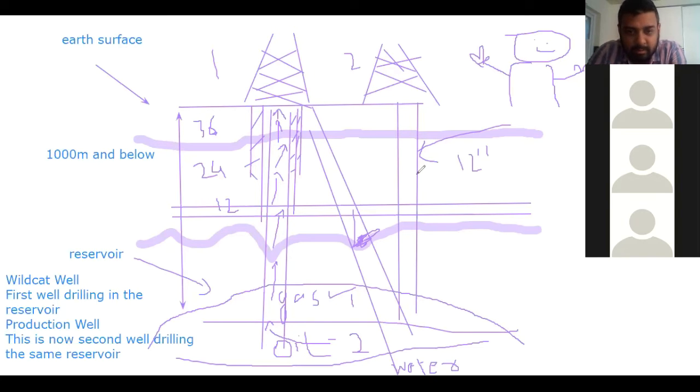Okay. This does not exist. This is the right way. Because we are dealing with 1000 meters, we have to save the cost. Drilling a bigger hole needs more energy. Drilling a smaller hole needs less energy. We have to reach the target zone.